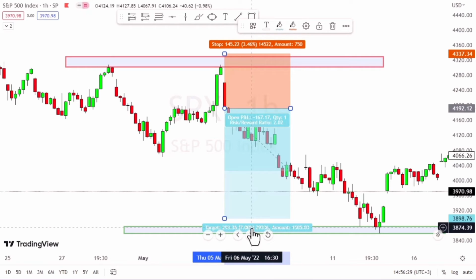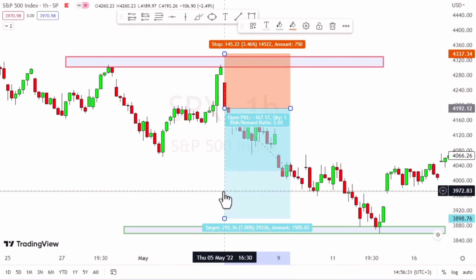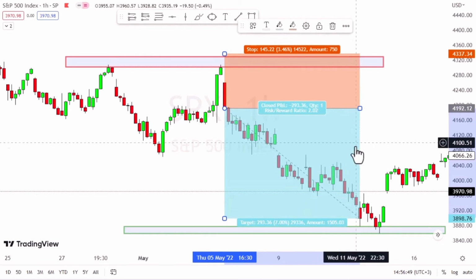Or let's say, it was 5th of May 2022 at 4:30 p.m. and then it hit our target, as you can see down here on the chart, on Wednesday 11th May 2022, 10:30 p.m.